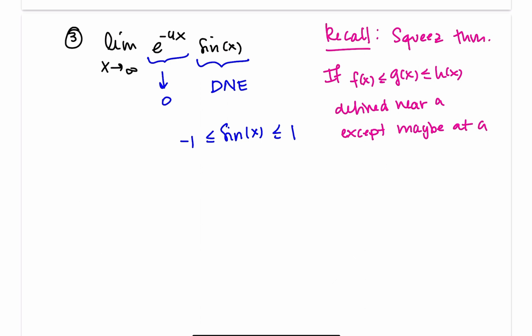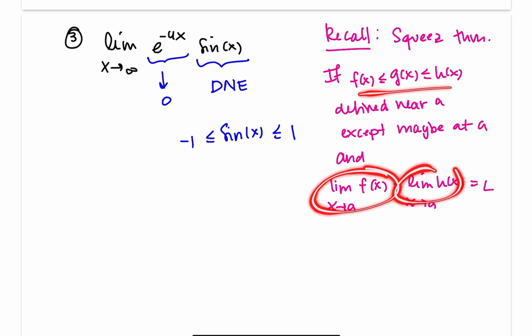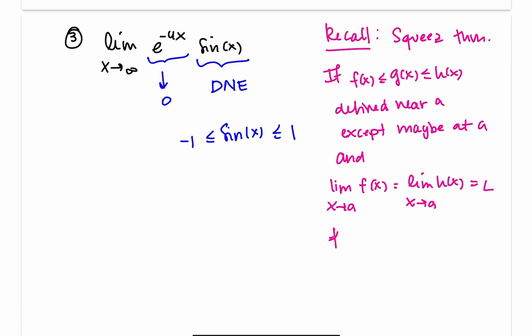So except maybe at a, and the limit as x goes to a of f of x is equal to the limit as x goes to a of h of x equal to L, meaning the limit of the two other functions is the same, then the limit as x goes to a of g of x has to be equal to L.